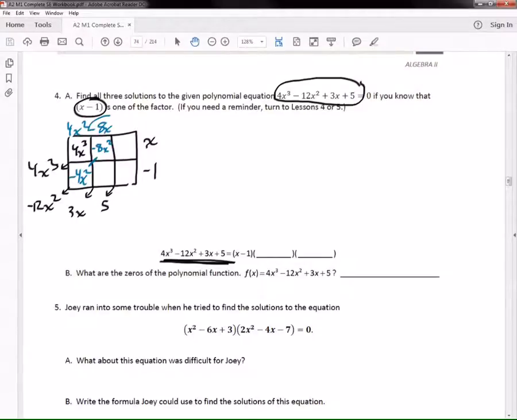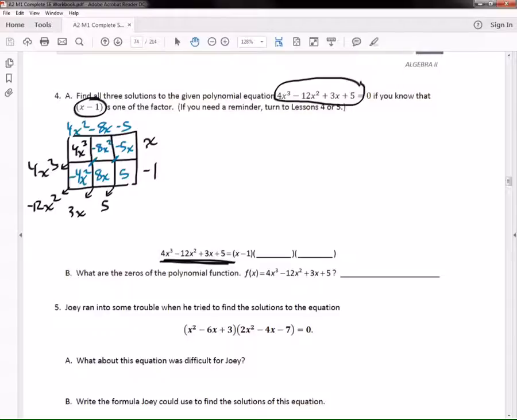Negative 8x times negative 1 gives me 8x. 8x plus what gives me 3x? Negative 5x. So what times x gives me negative 5x? Negative 5. Negative 5 times negative 1 is positive 5, and positive 5 matches that number. That's my checkpoint, so I know I'm right.